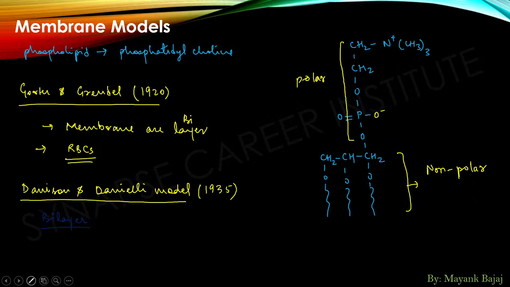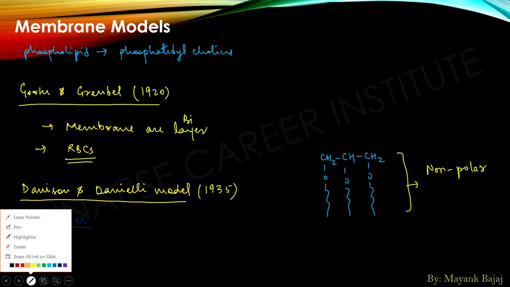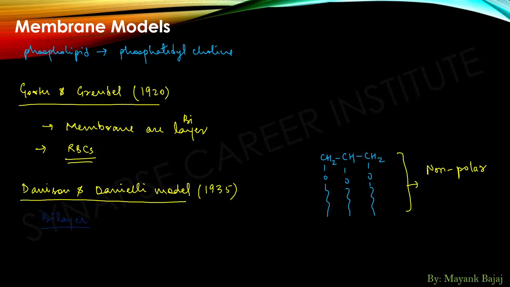That means if I make the structure, the Davson and Danielli model proposed that the membrane is a bilayer, but it is coated by proteins on either side. So we have protein, we have lipid in between, then we have protein on either side, right?